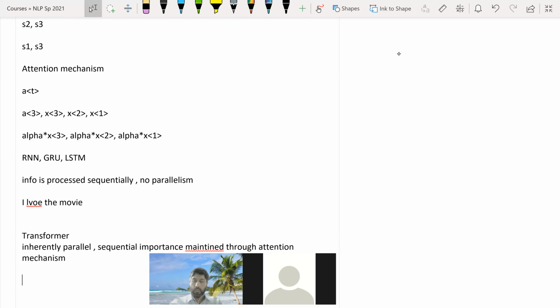So this network is basically the transformer. So that is what we are going to look at next.